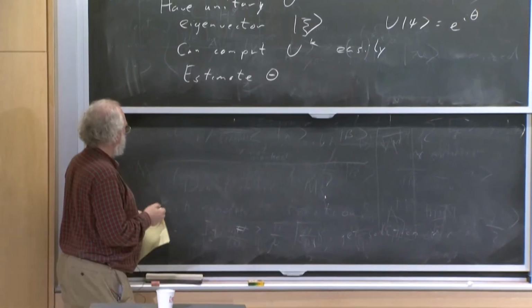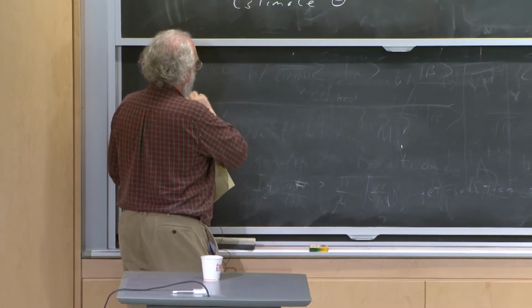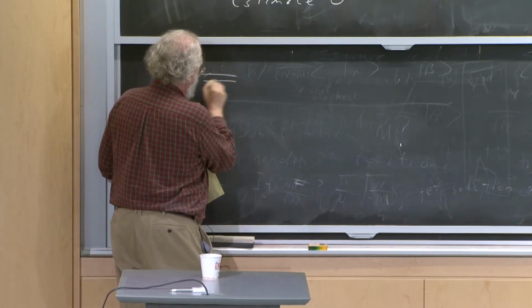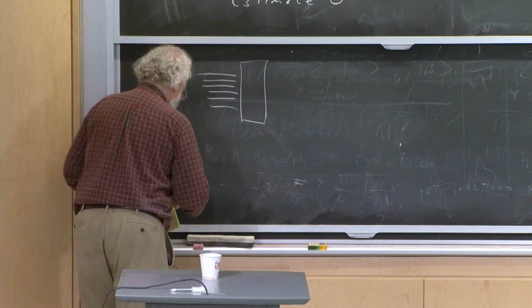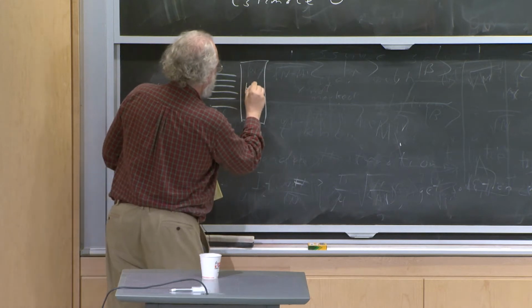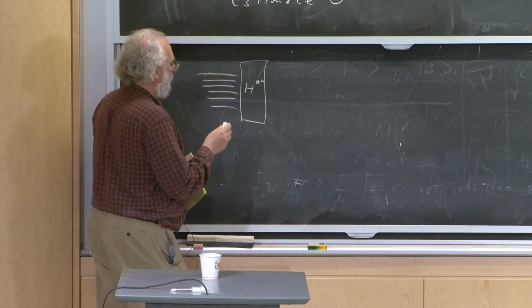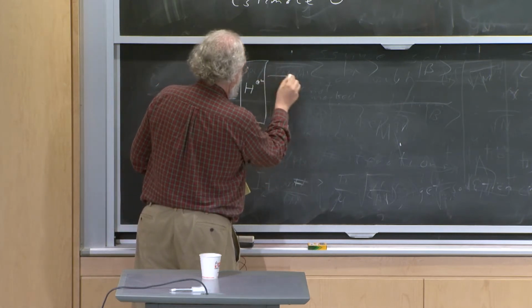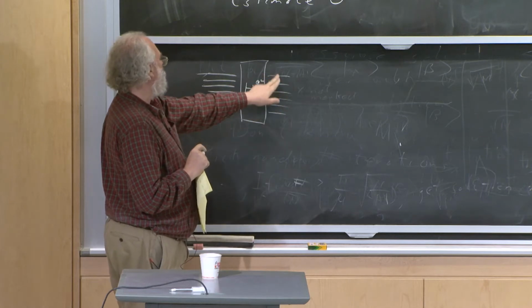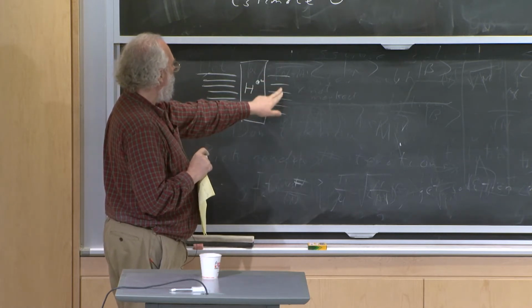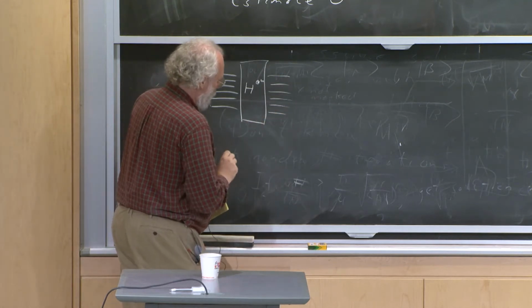Well, let's call this H to the n, so this is a superposition of all binary numbers.